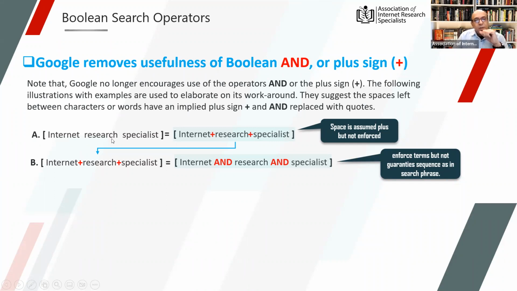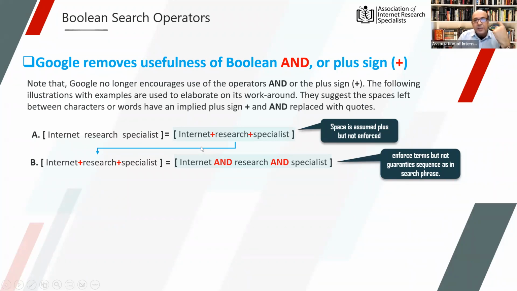So the first assumption is for the search engine to think that there is an assumed plus sign, on account of the terms being separated individually with a gap of a single character. If you go further with what I've explained here, you don't have to put a plus sign.